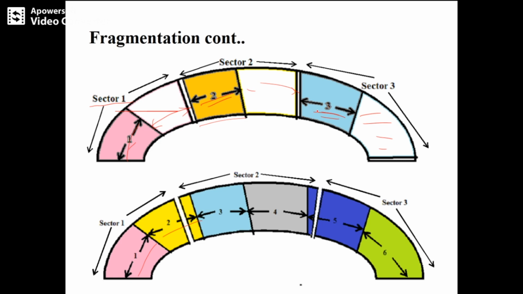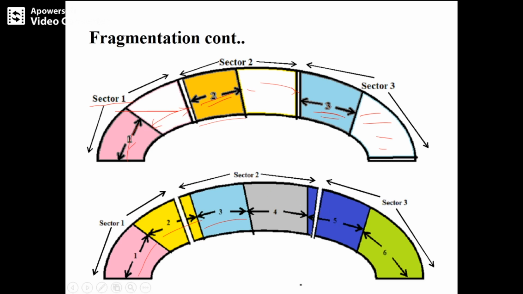Then comes record 3, which I store in sector 2 itself. Once again the next space is filled with record 4. Then comes record 5. So continuously we fill our records without any space. So no fragmentation occurs. There is no wastage of space.